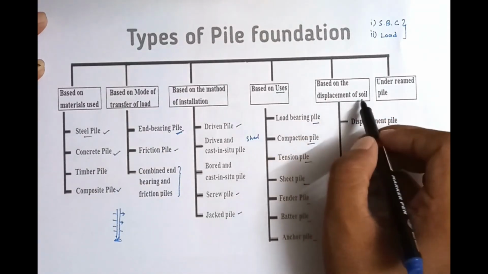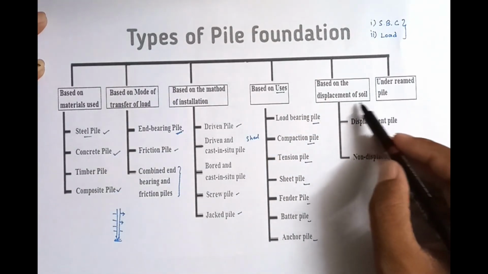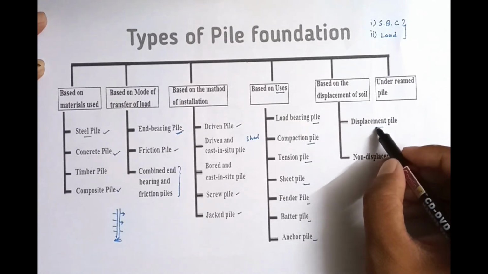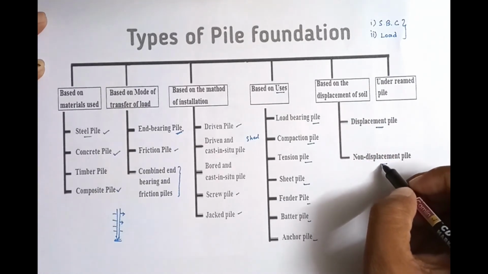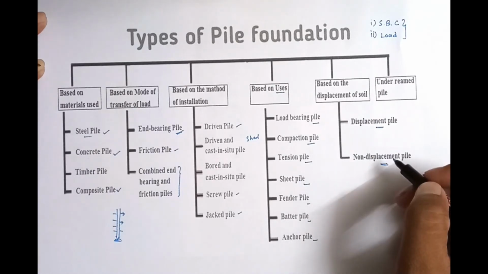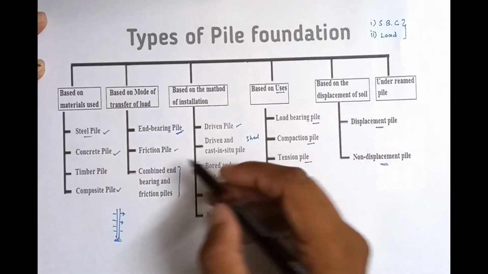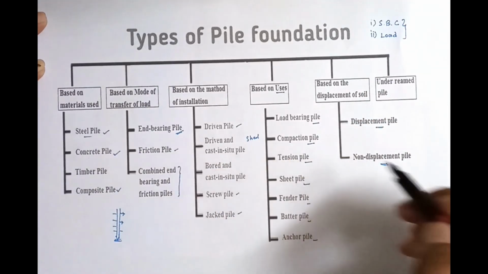Next one is based on displacement of soil. Based on displacement of soil, we can go for displacement piles, where the soil will be displaced, and non-displacement piles, where the soil will not move. Next is under-reamed piles. Whenever the friction is very low, we go for under-reamed piles.